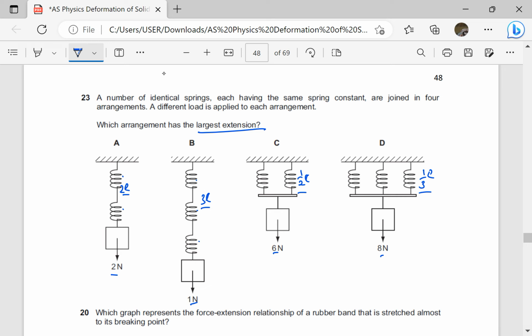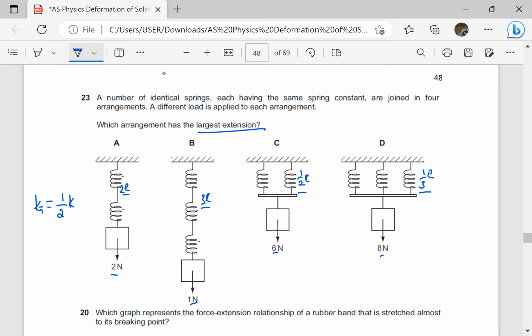But note that here we are not applying the same load. So if you are very good at dealing with the constants, you will notice that when springs are in series, their total constant can be obtained from the reciprocals. So here, the total constant can be obtained from 1 over 2 times the constant of just 1. This will be the total constant.